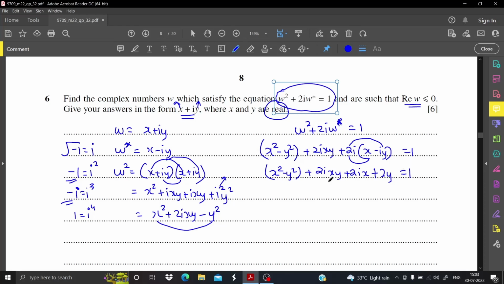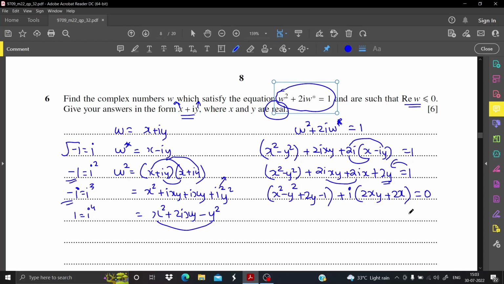Now you can get the 1 to the other side. So you put all the real parts together: x square minus y square, there's a 2y here. When you get the 1 to the other side, that's also the real part. And here you take the imaginary part, writing them aside like 2xy plus 2x equal to 0.